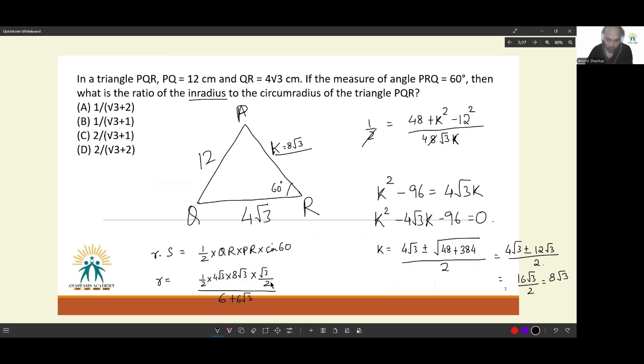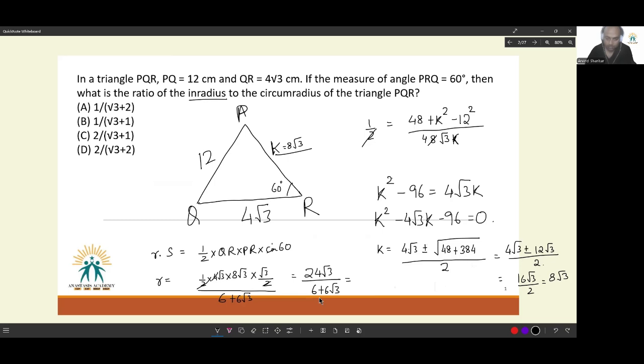Okay. We can get rid of 2 and 2 with this 4. We can also get rid of this, or let it stay. Let me not. 8 into 3 into root 3. So I will get 24 root 3 by 6 plus 6 root 3.